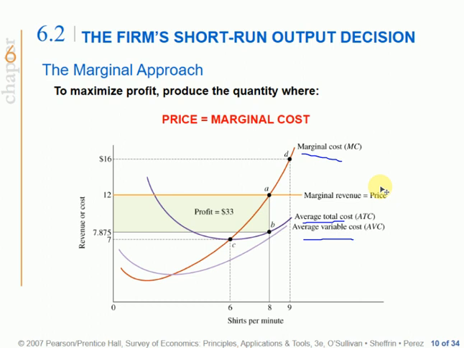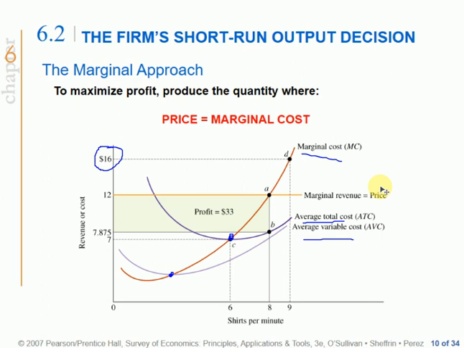Remember that the marginal cost curve intersects the average variable cost curve and the average total cost curve at their minimums. So here, suppose that the market price is equal to 16. Graphically, which quantity maximizes the firm's profit?